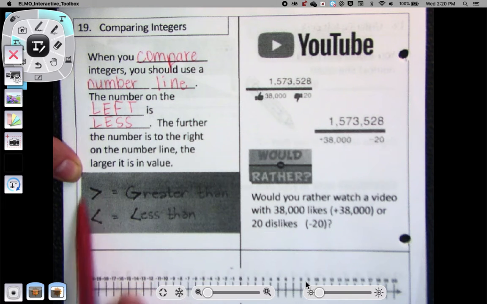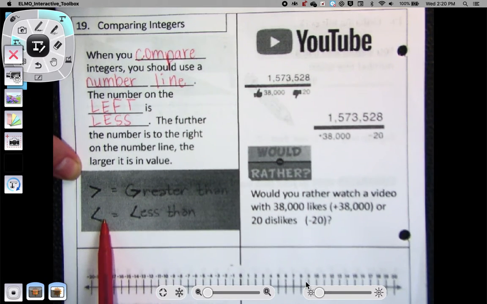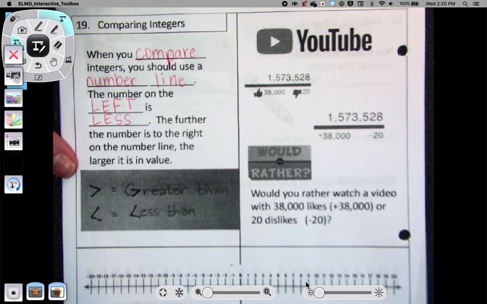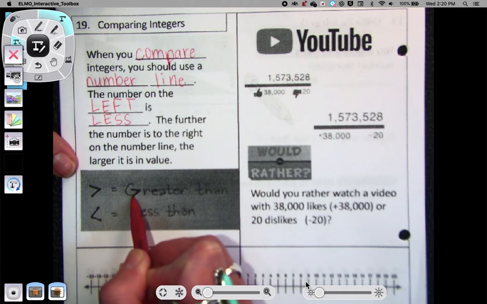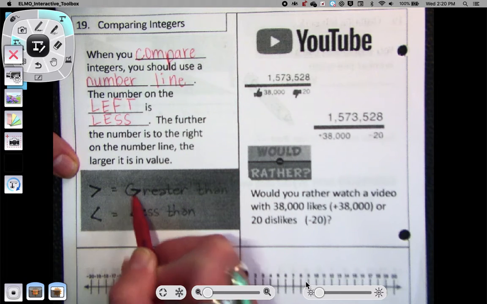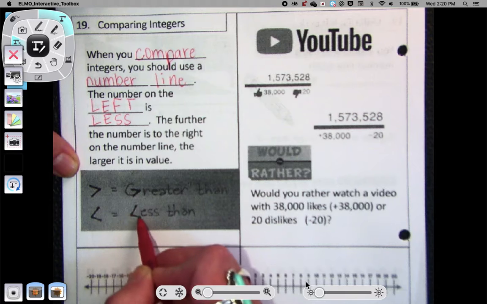Most people have a hard time remembering which symbol is greater than and which one is less than. So I found this on a Facebook group that I'm in for middle school math teachers. They were saying this symbol here, the arrow pointing to the right, could be like part of the G in greater than, and the symbol pointing to the left could be like the L in less than.